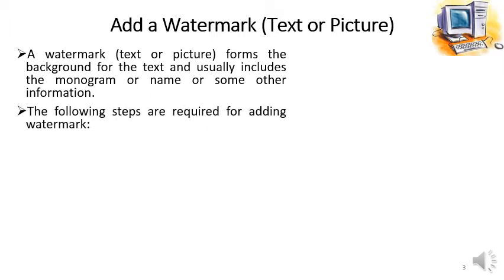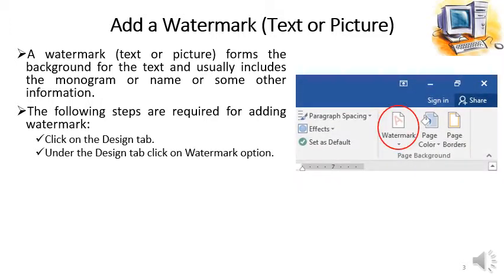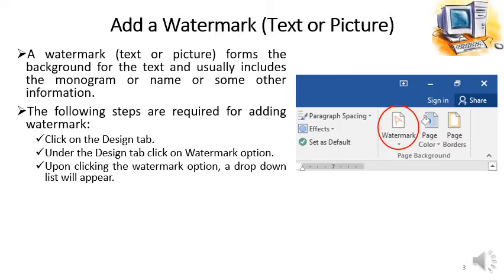The following steps are required for adding watermark. Click on the Design tab in the MS Word window. Then under the Design tab we have to click on the watermark option. Here in this image we can see the watermark option. Upon clicking the watermark option, a drop down list will appear.